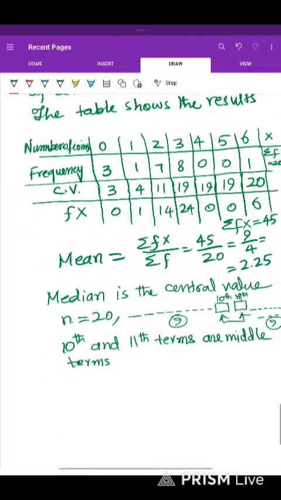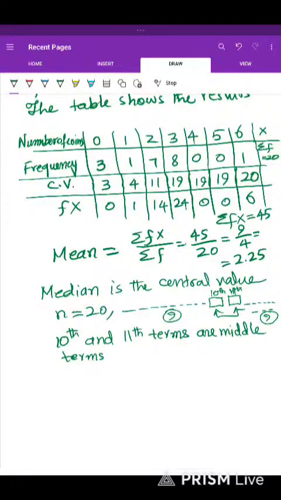So where do the 10th and 11th terms lie? If you look at the cumulative frequency row, let me highlight this. It is highlighted in blue. The first value there is 3.